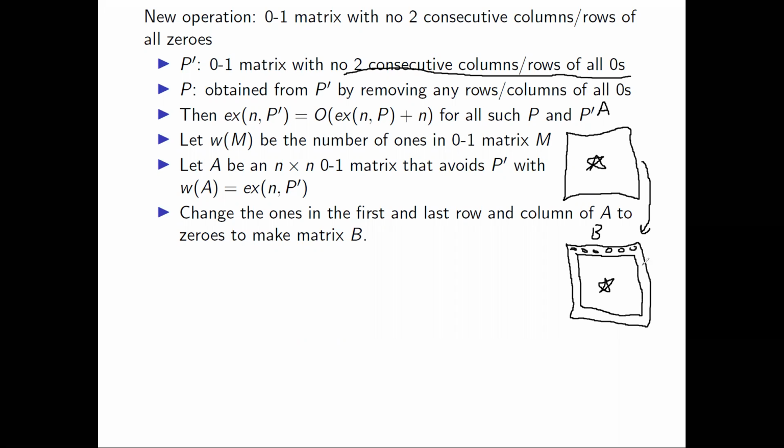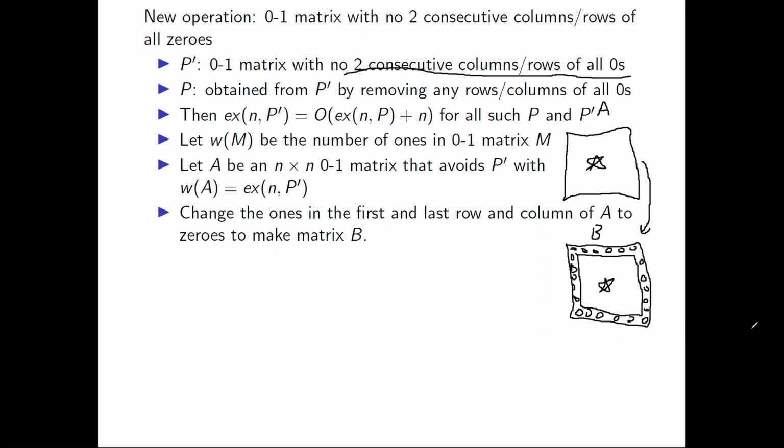So whatever the entries were before, doesn't matter. They all become zeros in the first row and first column and last row and last column. So all of these are zeros.